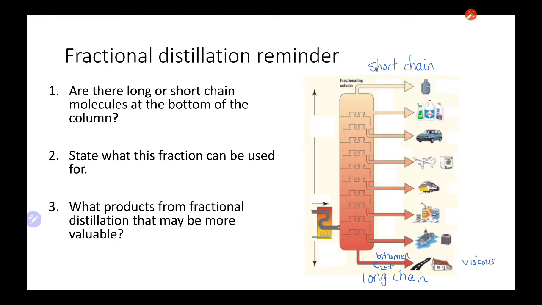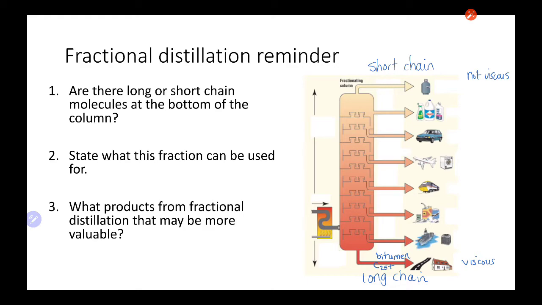Remember that just means they're quite thick, kind of tar-like, rather than petrol, which would be quite runny. So not viscous at the top. The reason for that we'll talk about down the line when we come back to the National 5 alkane stuff.